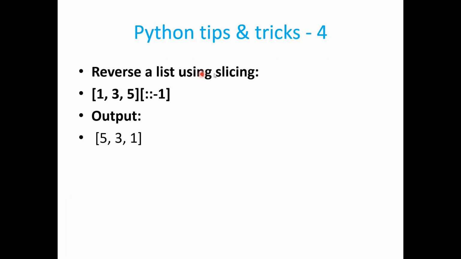So this is list slicing again, another important example. They'll give a list and ask you how to reverse it, or how to reverse a list in a single line of code. We can do that using the slicing technique. If you say colon colon minus one, that will reverse it.